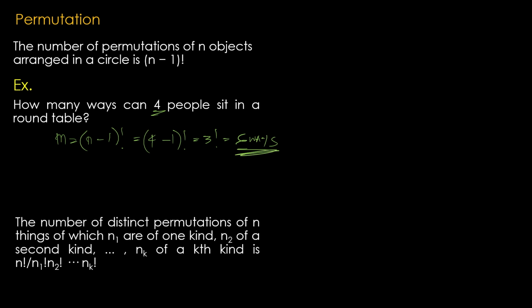And lastly, the number of distinct permutations of n things, of which n1 are of one kind, n2 of a second kind, and nk of the kth kind, is n factorial over n1 factorial times n2 factorial up to nk factorial.